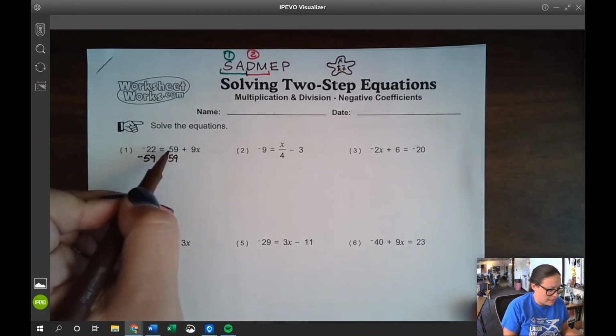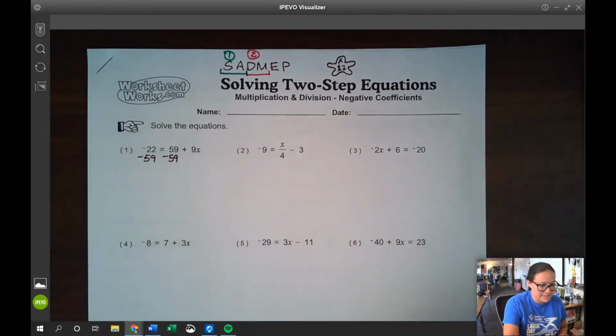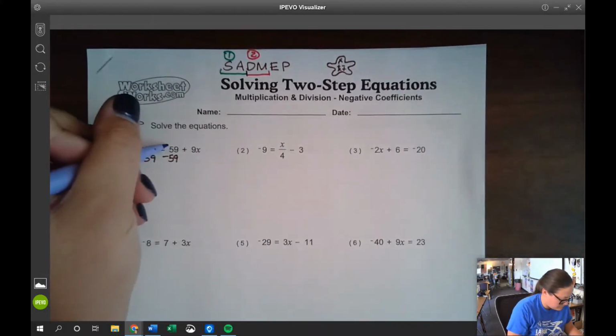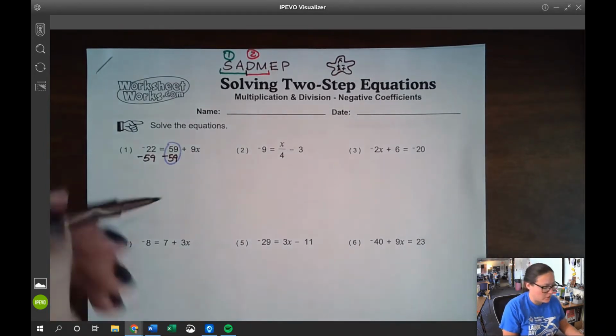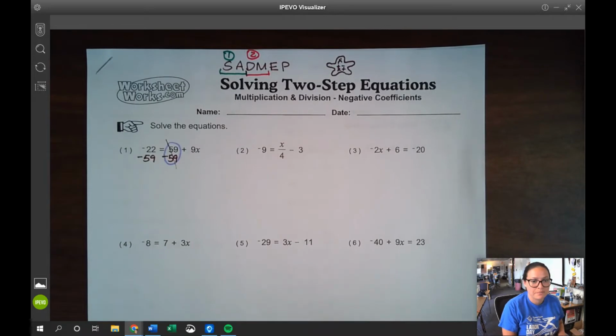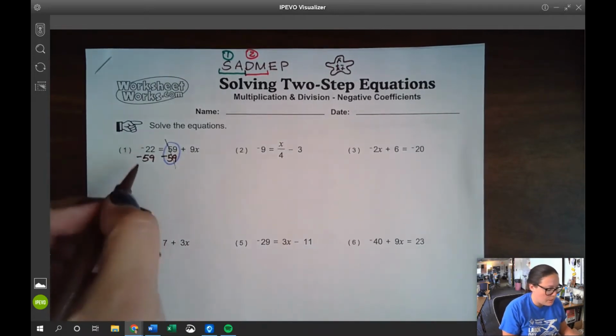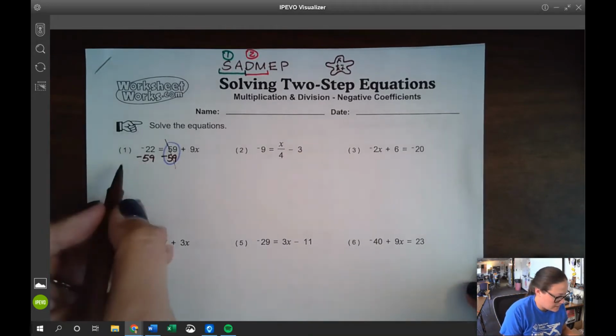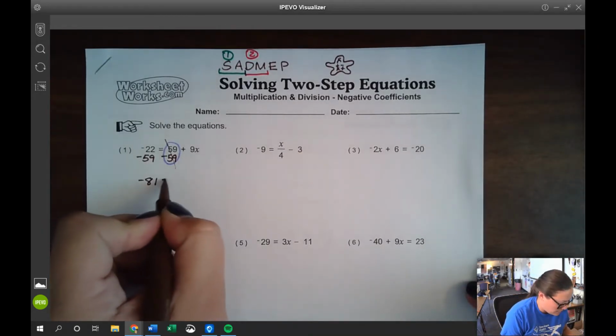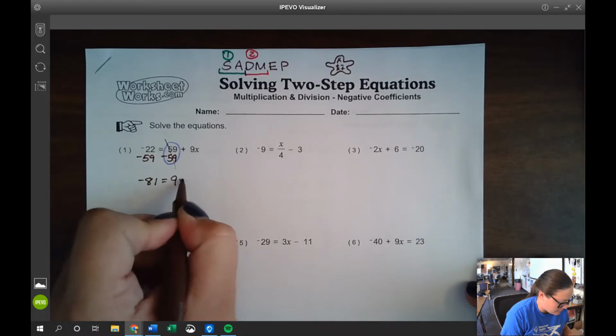So 59 minus 59 is 0, so that goes away. And negative 22 minus 59, we're going further negative, that's negative 81. And then I still have 9x.